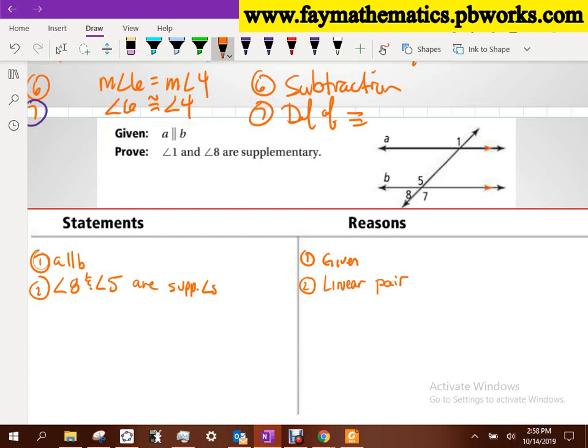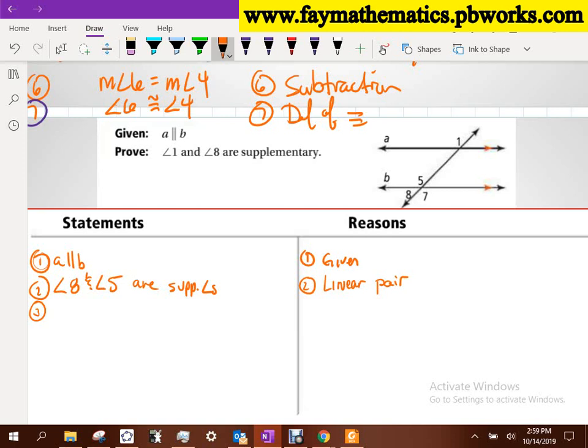Once I write 8 and 5 are supplementary, maybe then I say that they add to 180, right? But while I'm at it, you said 8 and 5. Are there other angles up there that I know a similar relationship with? 5 and 7 are vertical angles. 1 and 8 are corresponding?